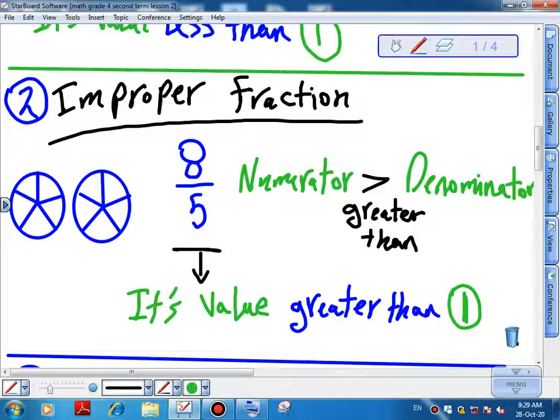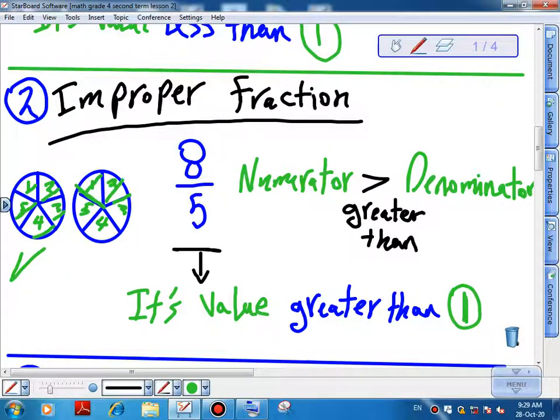If we take the slices, 1, 2, 3, 4, 5. 1 fifth, 2 fifths, 3 fifths, 4 fifths, 5 fifths. We take all these slices, and then 6, 7, 8.